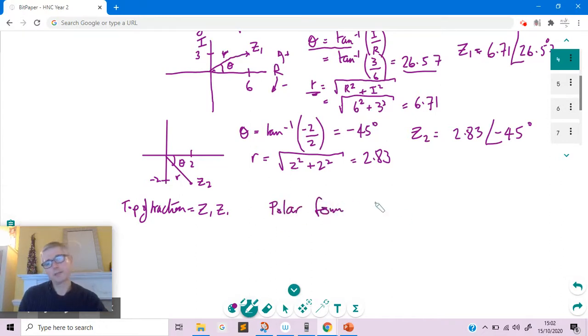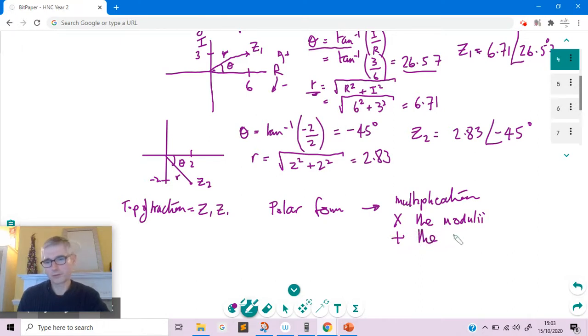And when we multiply numbers in polar form, what we do is, for multiplication, multiply the modulus, or moduli if we're in the plural, and we add the arguments, which means we add the angles.